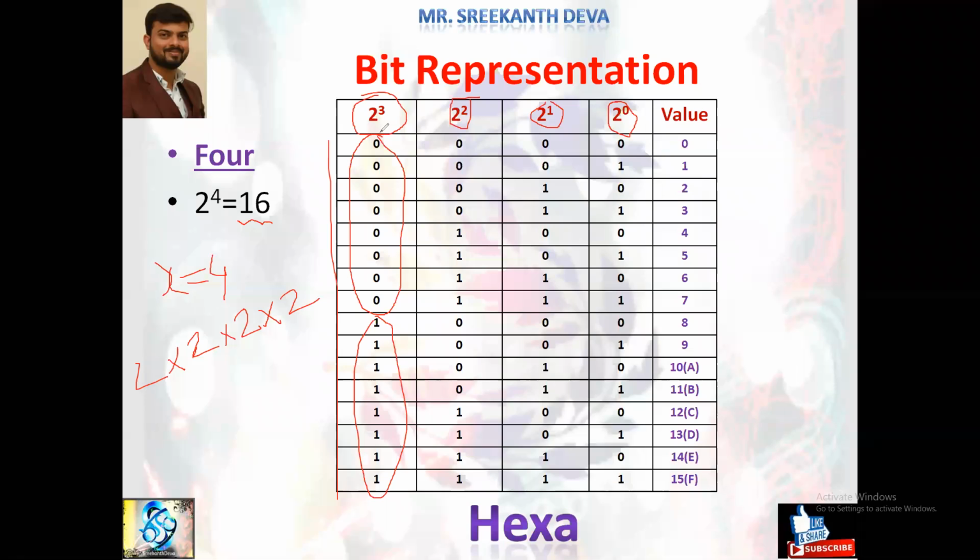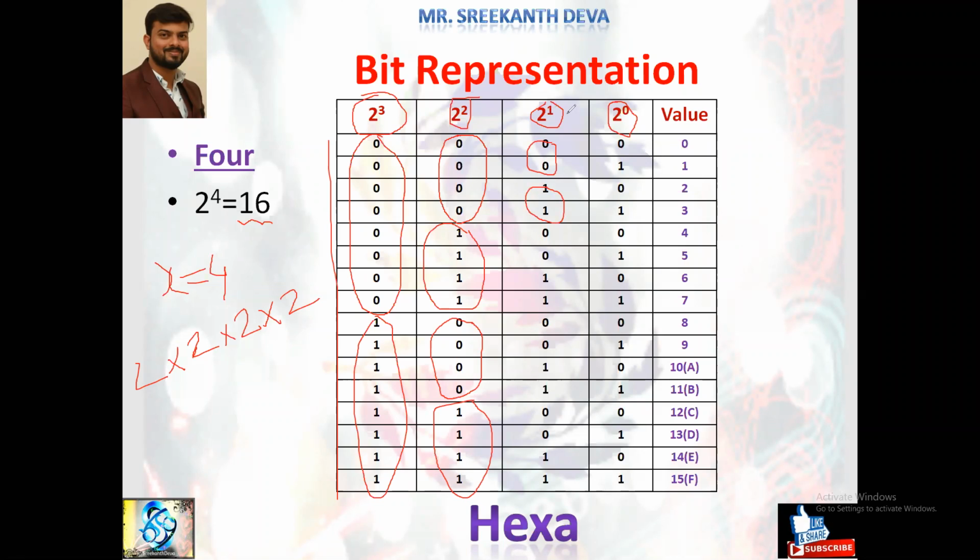Okay, in the 2 to the power of 3 column you need to fill 8 zeros, 8 ones. In the 2 to the power of 2 column, you should fill 4 zeros, 4 ones. In the previous slide, in the octal representation, you filled it, right? Similarly 4 zeros, 4 ones you need to fill. In the 2 to the power of 1 column, again you need to fill 2 zeros, 2 ones.